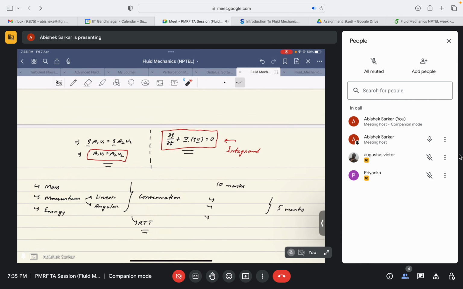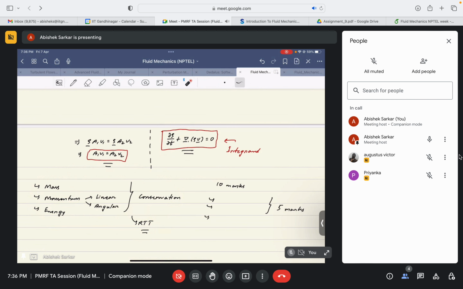I will not say completely solvable, but at least analytically tractable. At least you can write an approach that this problem can be approached with the help of these conservation laws, so you have the right approach to the problem. Is the idea clear, why RTT is very important?